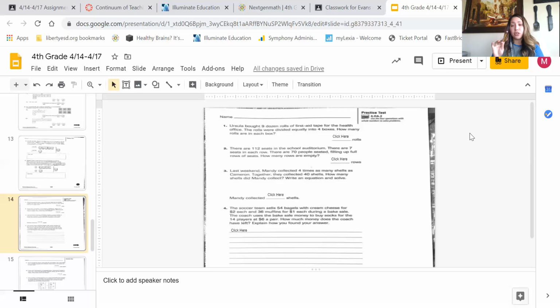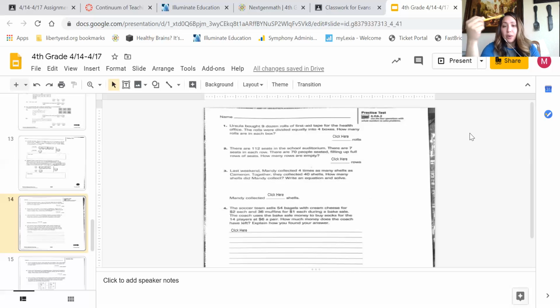So you take 112 divided by 7. All right. And that is going to give you 16. So you know there are 16 rows total. All right. So now you need to figure out, okay, so I have 16 rows total and 70 people are seated already.